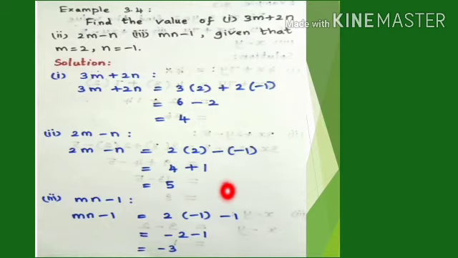So 2 into minus 1 is minus 2, minus 1. Now, by using the properties of addition of integers, when we add two integers of the same sign, the sum will also be an integer of the same sign. So minus 2 minus 1 is minus 3.